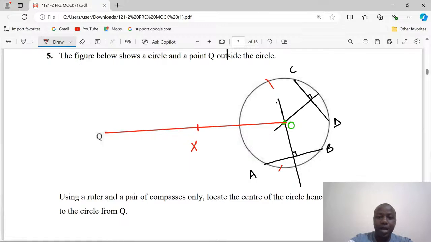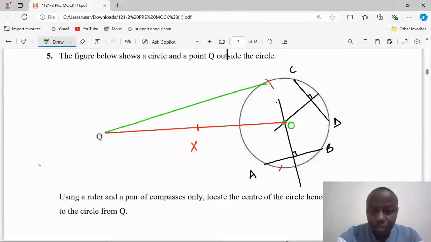So now when we join the points where the arcs have been made to Q, we will have come up with a tangent to the circle through such a point. So that is how we do such a construction. So let me now come up with the tangent. Exactly. That is now the tangent. One tangent is enough. So when you follow keenly through my procedure, a student will be in a position to construct a tangent to a circle from an external point.